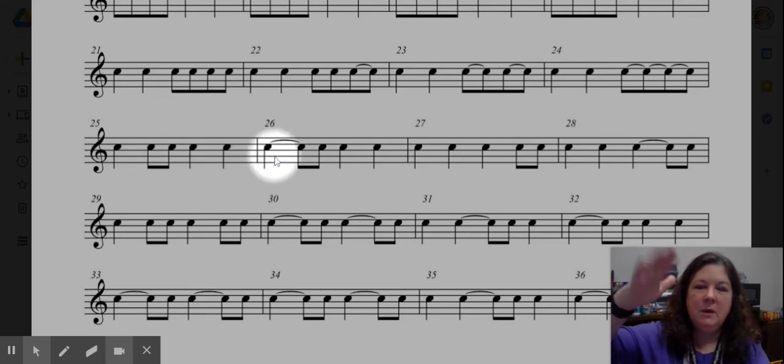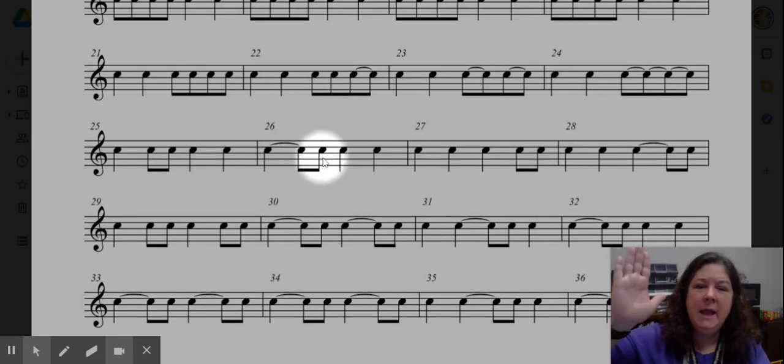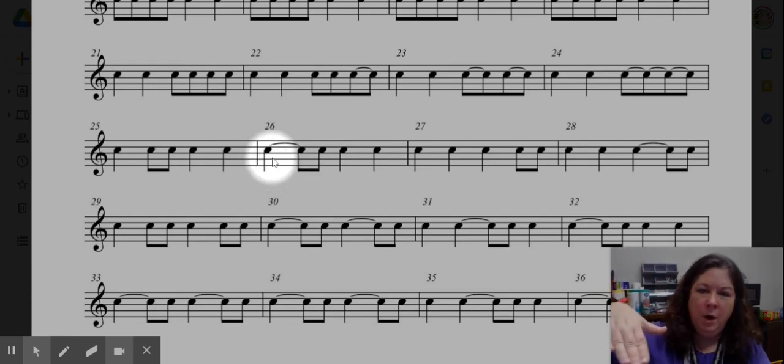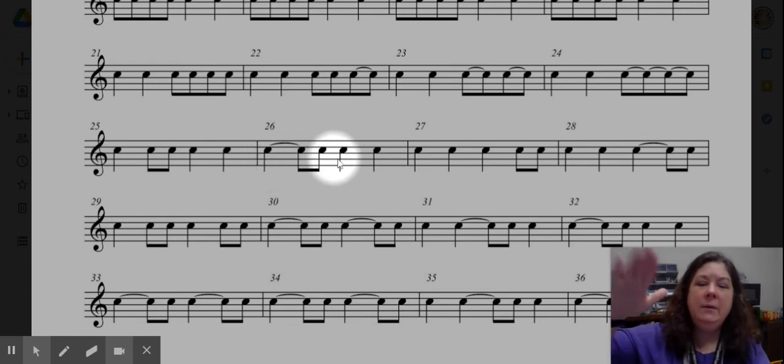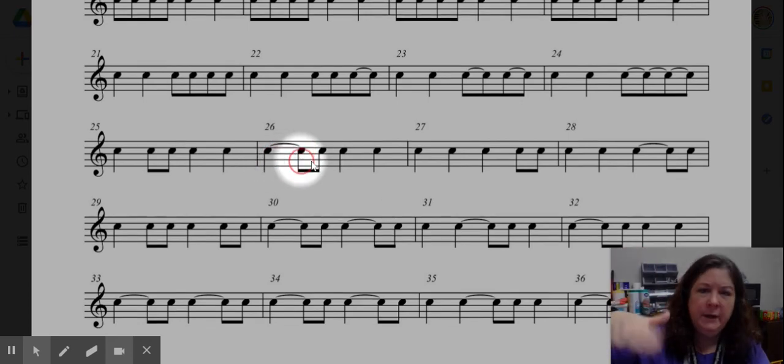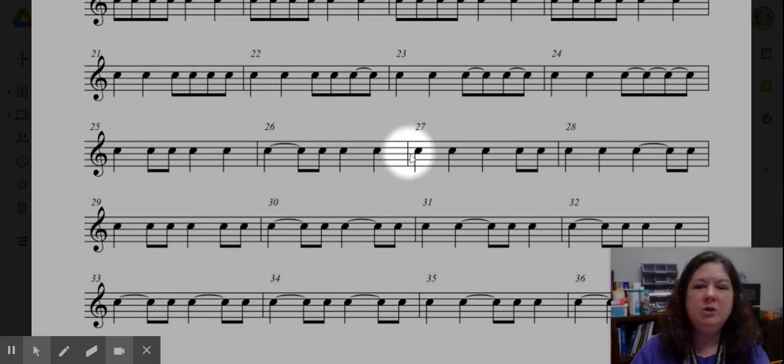So it looks like this. 1, tay, 3, 4. Let's do that again. 1, tay, 3, 4. Again and go. 1, tay, 3, 4. Measure 27 is just quarter notes and eighth notes.